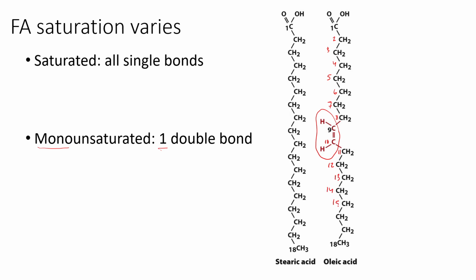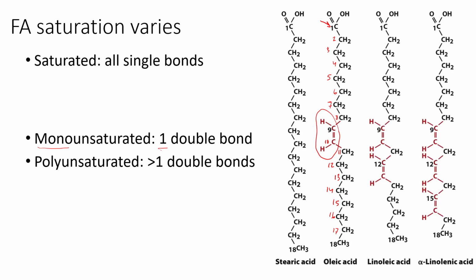This will come into play in a couple of slides when we start talking about how to name our hydrocarbons. So our double bond begins at the 9th carbon from the carboxylic acid, which is carbon number 1, in oleic acid.